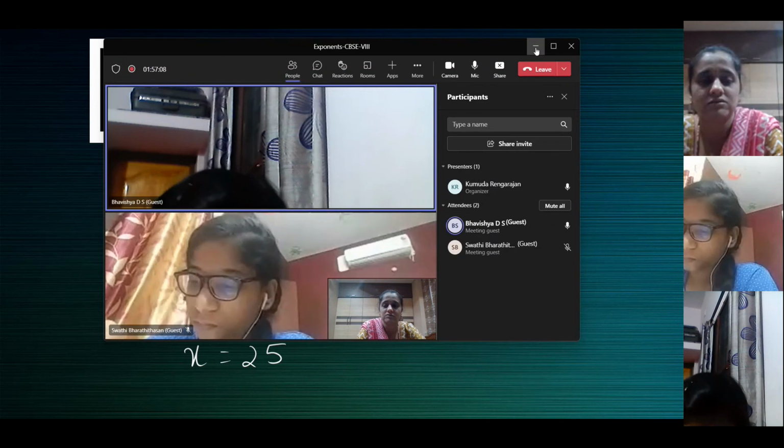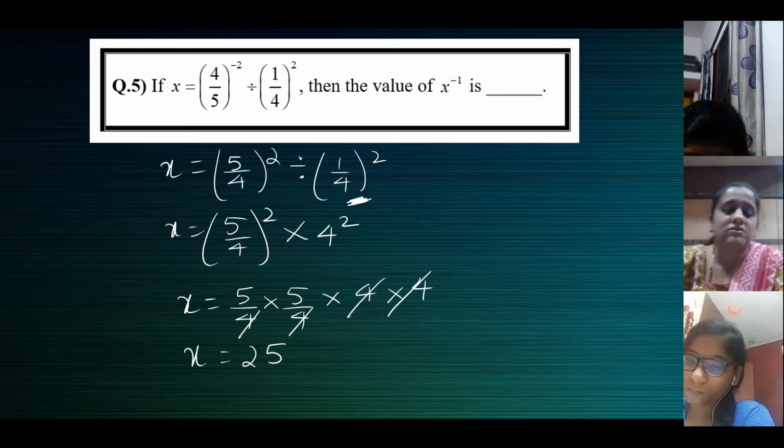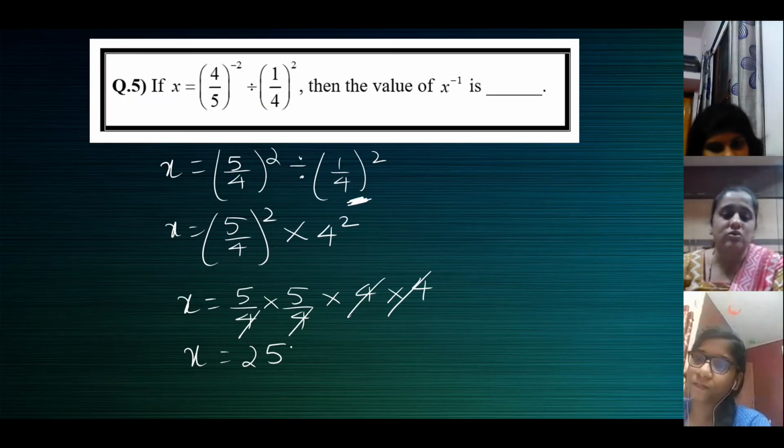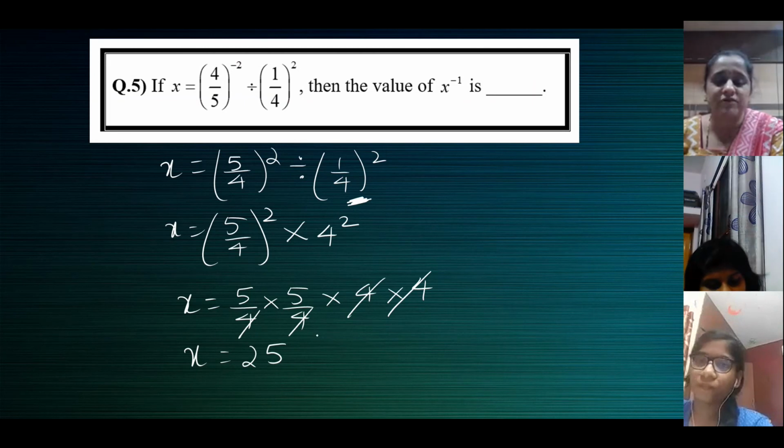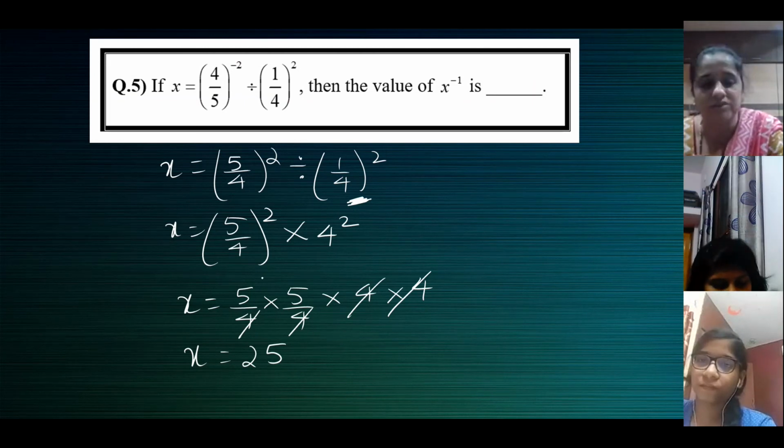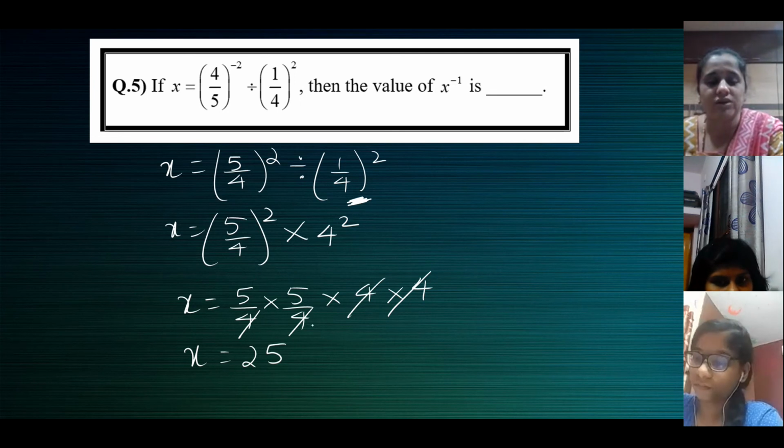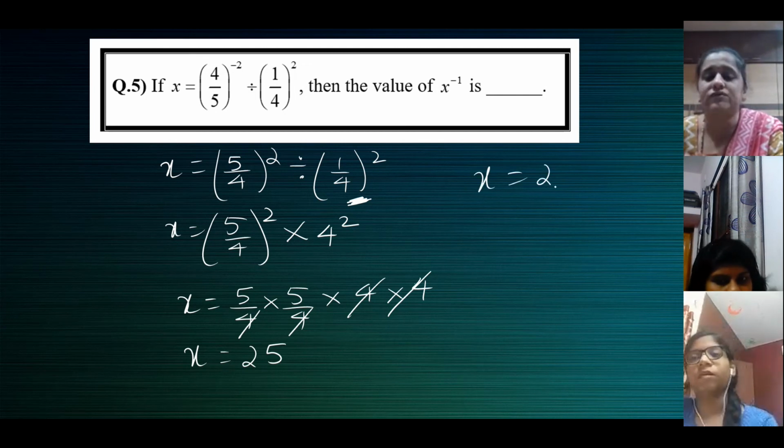Ma'am, I'm listening. Yeah. So 5 by 4 the whole square is 5 by 4 into 5 by 4, and 4 square is 4 into 4. You can cancel out these 4s, and we have 5 into 5, 25. So x is equal to 25.